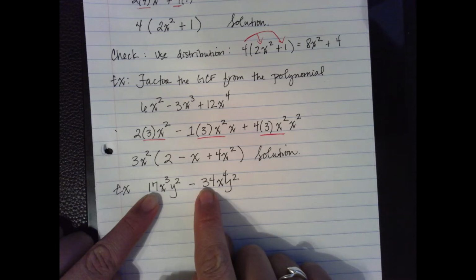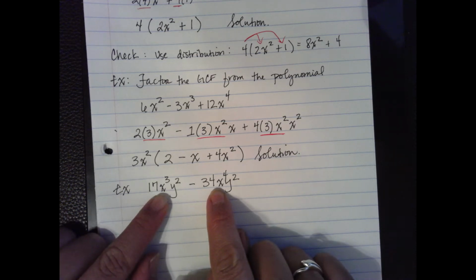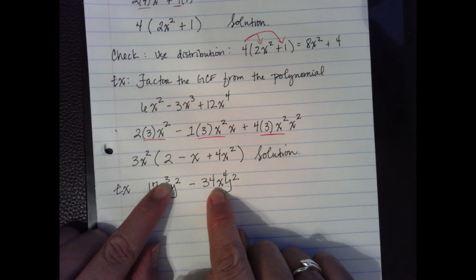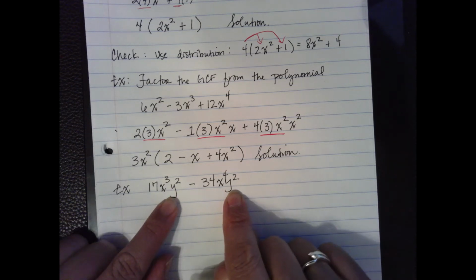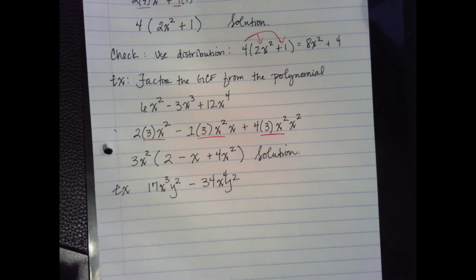I know 34 is 2 times 17, so 17 is going to be part of my GCF. Among my x's, I look for the smallest exponent, so it's going to give me x cubed. And here I have y squared that is in both of them, so y squared is also going to be part of my GCF.